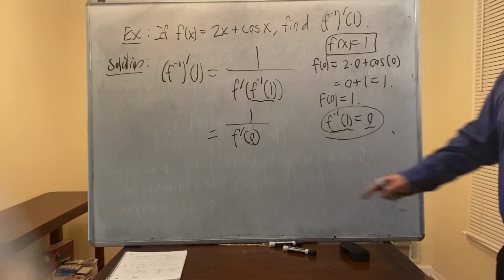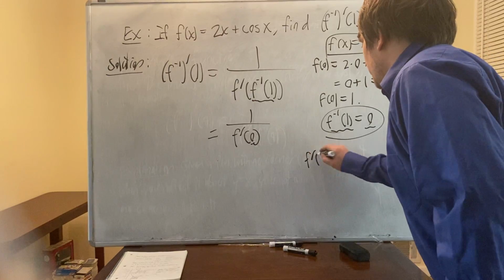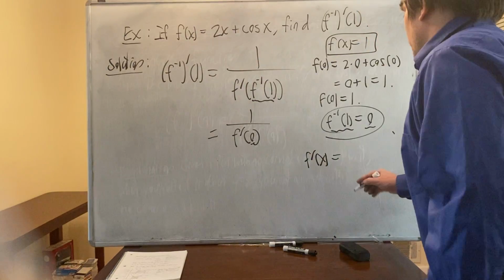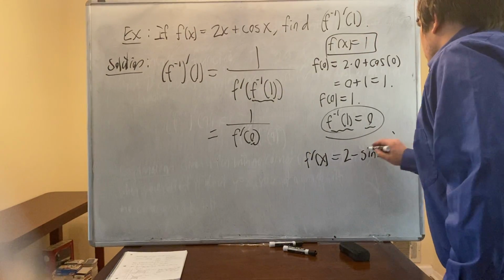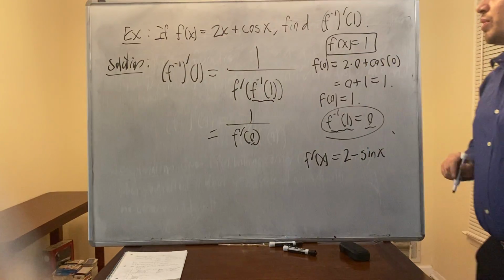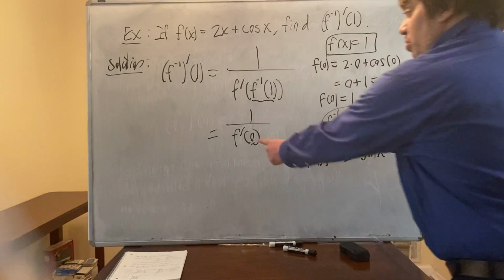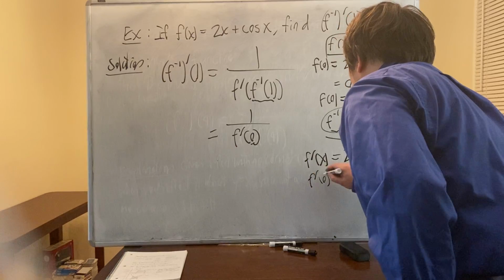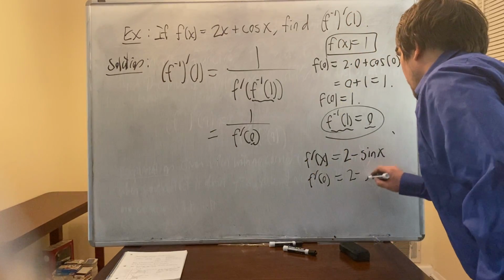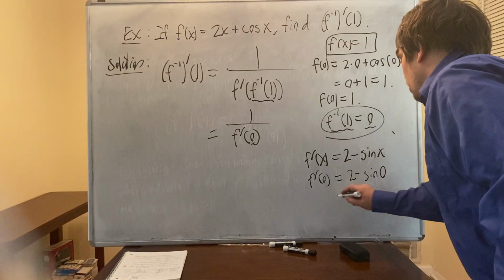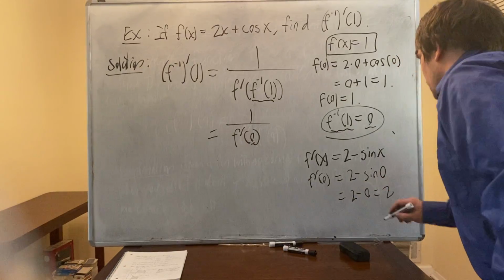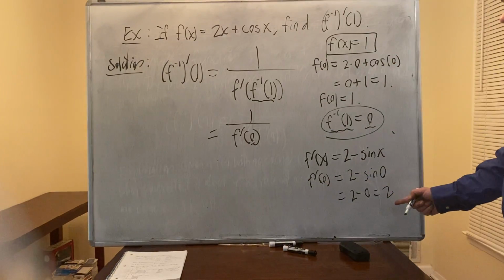Right? So let's find f prime of x. f prime of x is the derivative of that function, which is 2 minus sine x. The derivative of 2x is 2, derivative of cosine x is minus sine x. f prime of 0 is just plugging in 0 into that function. So you get 2 minus sine of 0, which is 2 minus 0, which is 2. So f prime of 0 is 2.